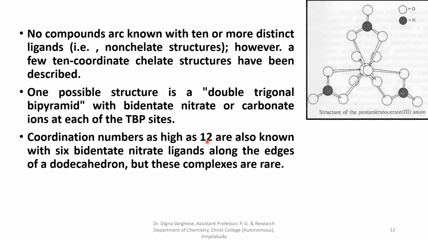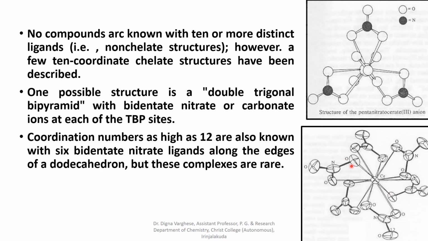Another one is coordination numbers as high as 12, which are also known with 6 bidentate nitrate ligands along the edges of a dodecahedron, but these complexes are rare. Here the cerium is the central metal atom and the nitrate is attached to the cerium through two oxygen atoms in a bidentate fashion.